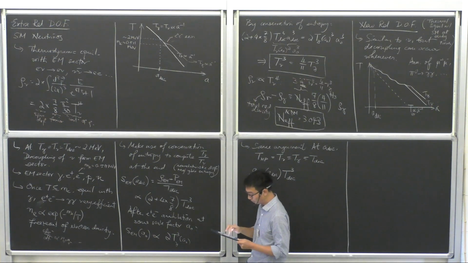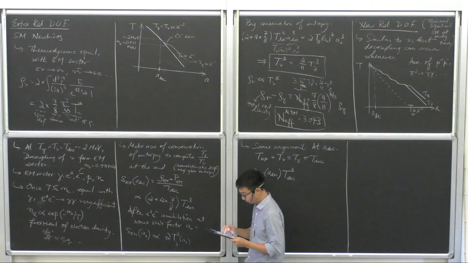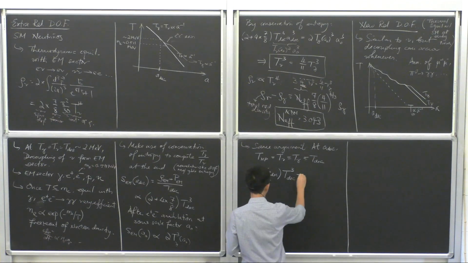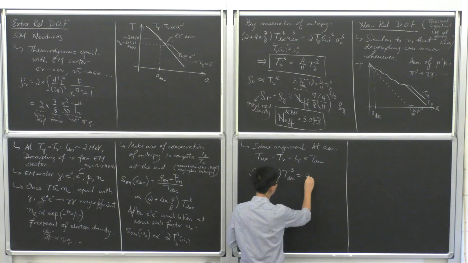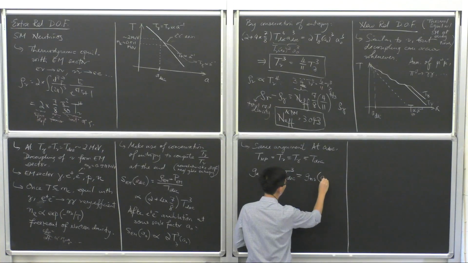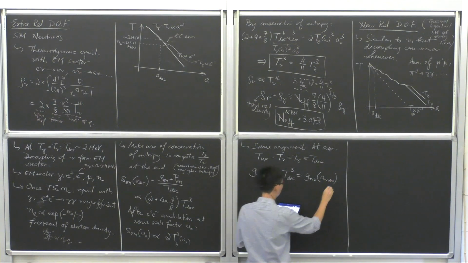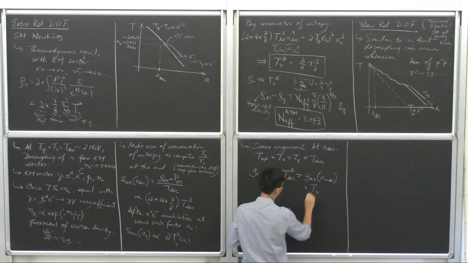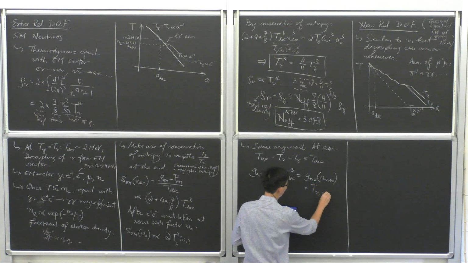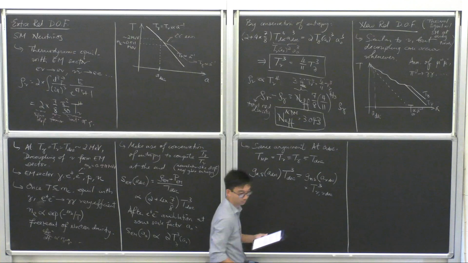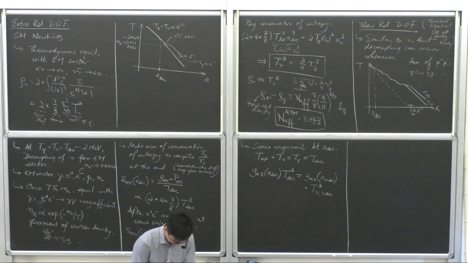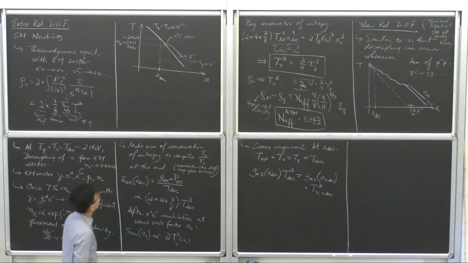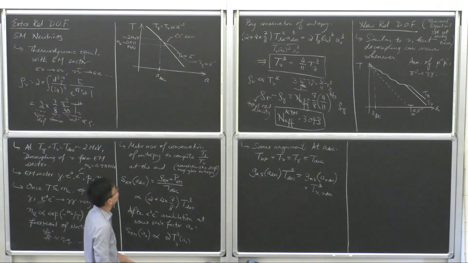And then if we run through the same calculation as we did before, we would find that this would be equal to G star S at a new decoupling times the neutrino temperature at new decoupling cubed. Okay?